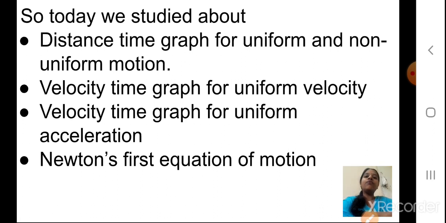For non-uniform acceleration, it can be of any shape, that we also studied. Next we saw Newton's first equation of motion, that was V is equal to U plus at. We saw its derivation. So for today, I'll stop here. In the next presentation, we will continue with our next derivations. Okay students, please try to solve these derivations in your book.